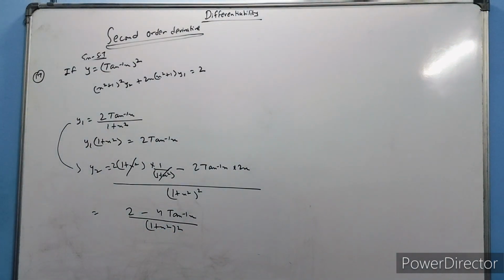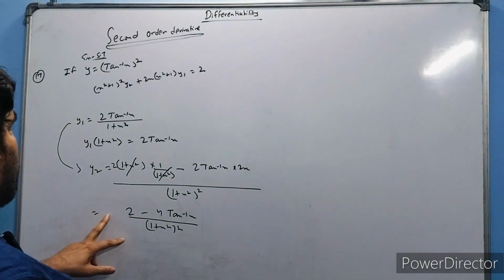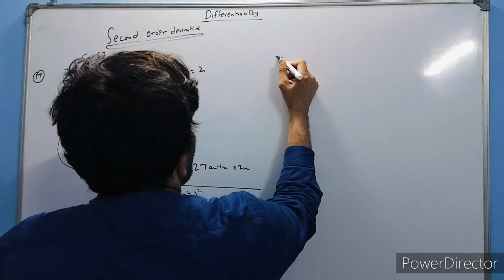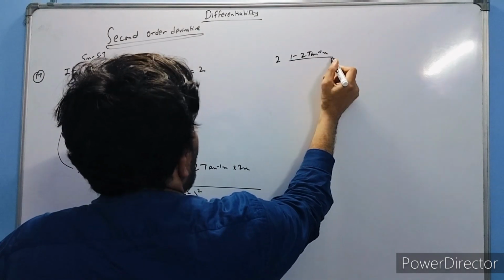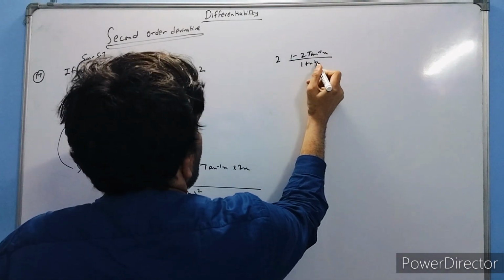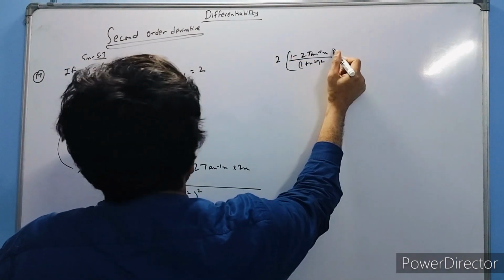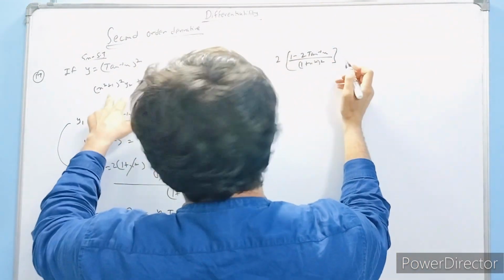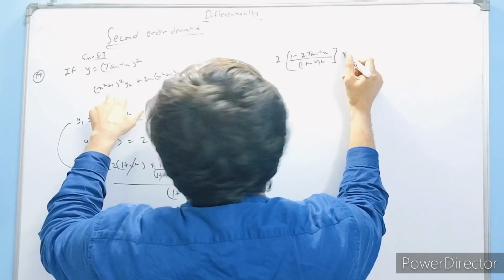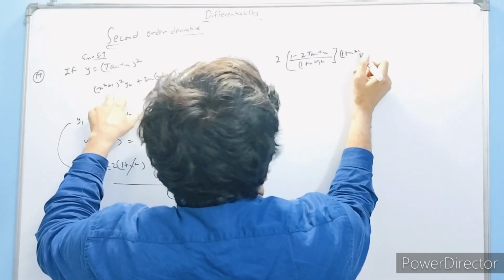Now I can put the value of y2 here. If I take 2 common, 1 minus 2x tan inverse x upon 1 plus x square whole square, this is y2, into 1 plus x square whole square.